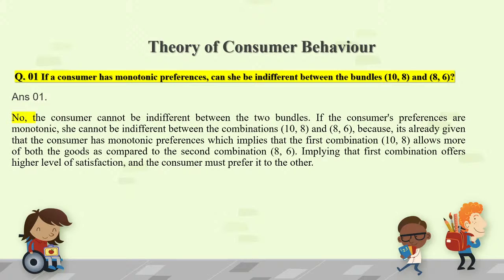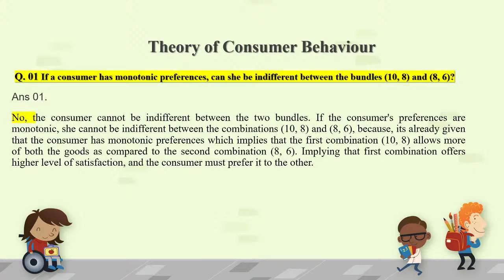So the very first question is, if a consumer has monotonic preferences, can she be indifferent between the two bundles given? We have already studied in our last lecture what monotonic preferences are, and here there is a condition given with the availability of two bundles, 10,8 and 8,6.